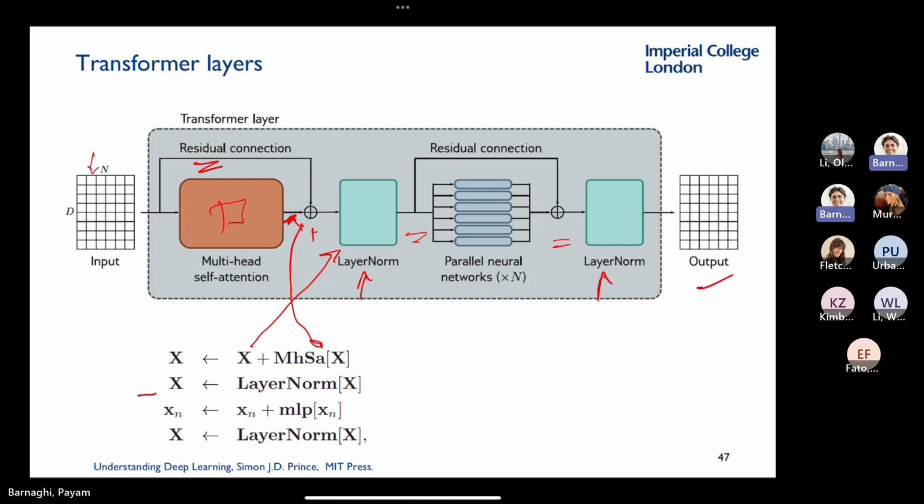Once you have done the normalization, you apply each of these XNs to multi-layer perceptron models. From here you have activation functions. You feed it to multi-layer perceptrons, then you run it through a normalization layer again, and that becomes your output. That's the full Attention Is All You Need architecture for a transformer model.